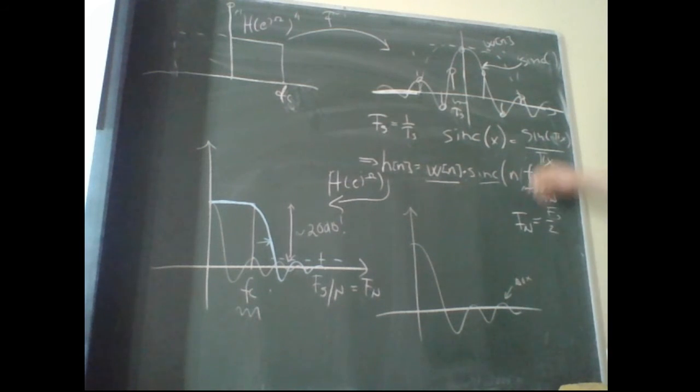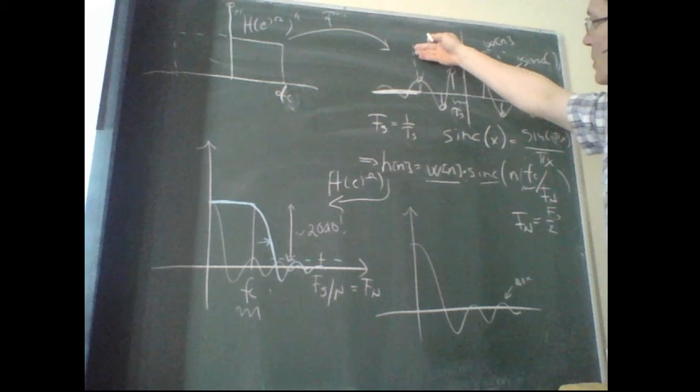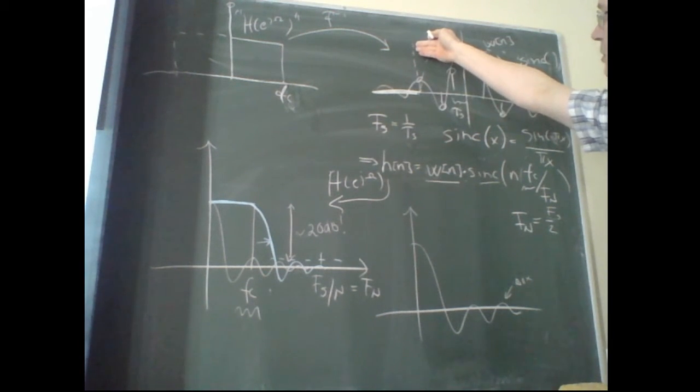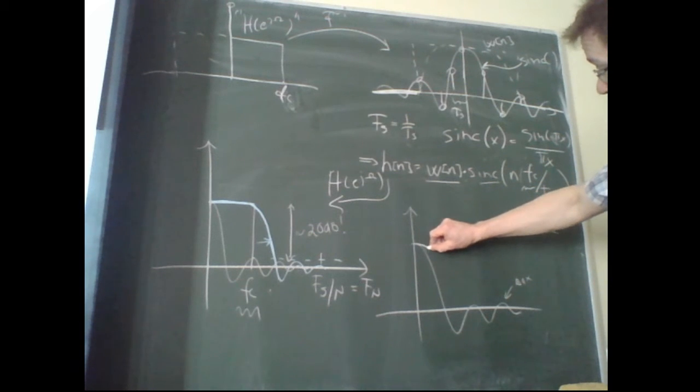Since on the box, in order to produce a very sharp corner here, you must have infinitely high frequencies with still quite high weight. Okay, so a smoother window would do something like that.